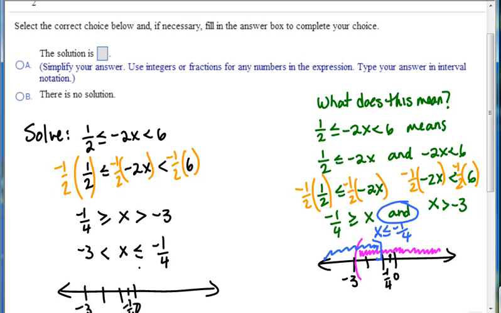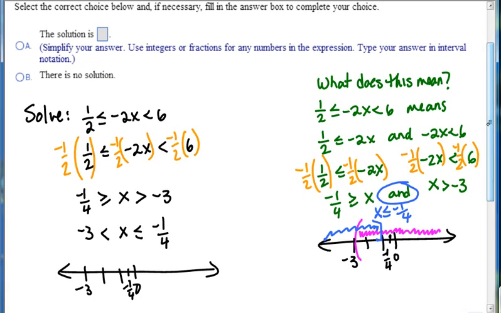I know I didn't label that proportionally, but again, the -3 is a parentheses, the -1/4 is a bracket, and the shading is in between. Let me do that in a different color. A bracket, and the shading is in between. In red would be the answer.